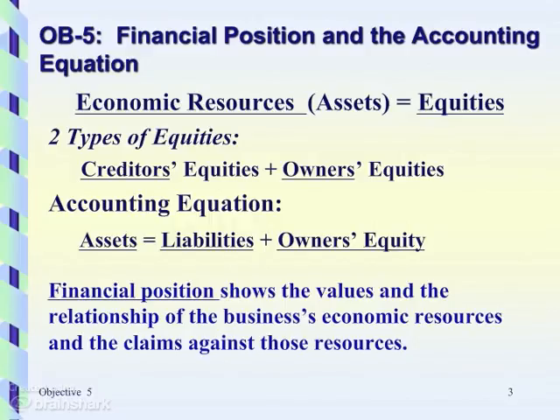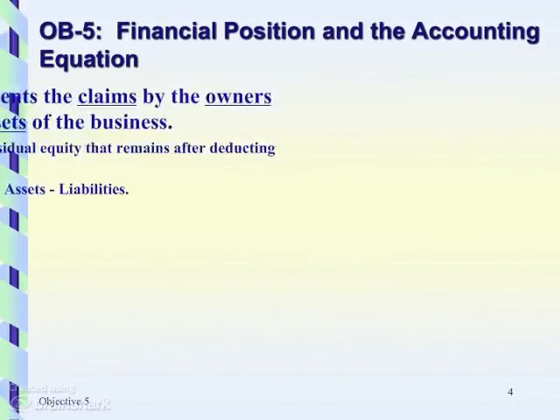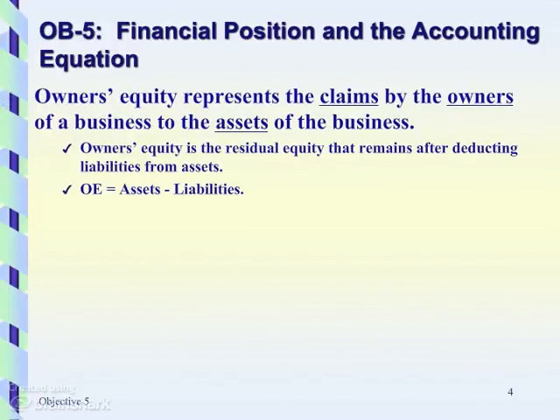So how is the owner's equity different in a corporation than it was in a sole proprietorship? Sole proprietorship is what we spent the first semester looking at. And now we're going to look at how the owner's equity is different for a corporation. Owner's equity represents the claims by the owners of a business to the assets of that business.